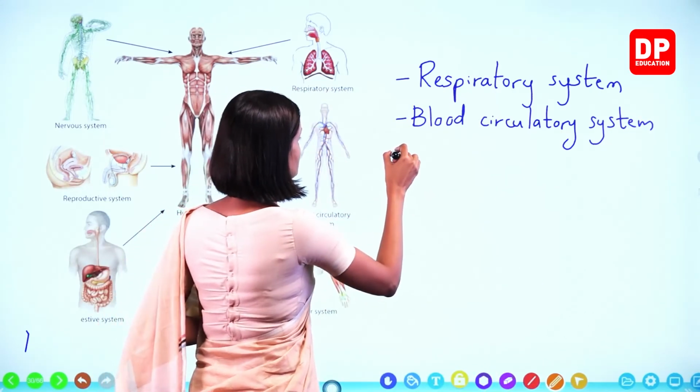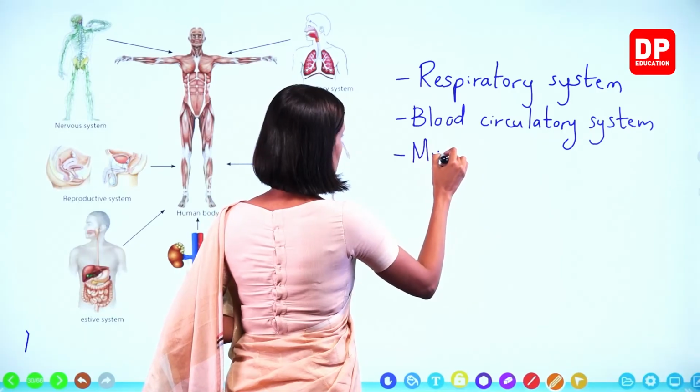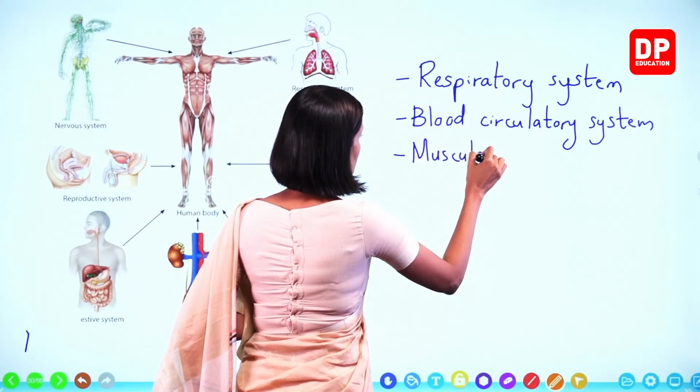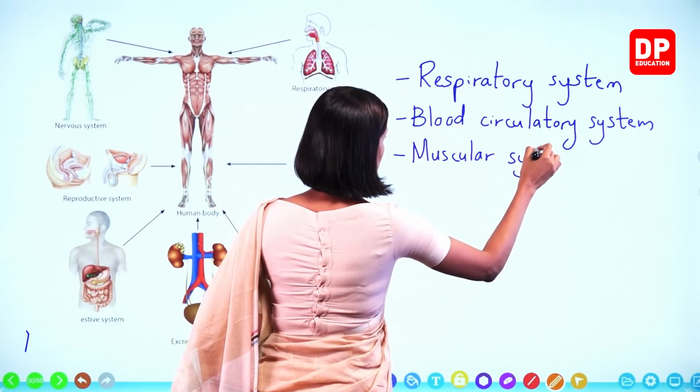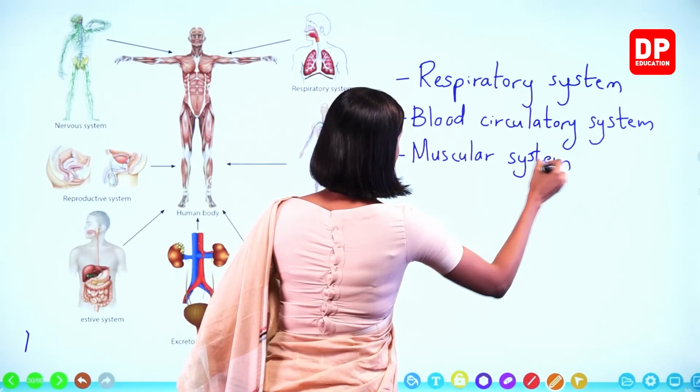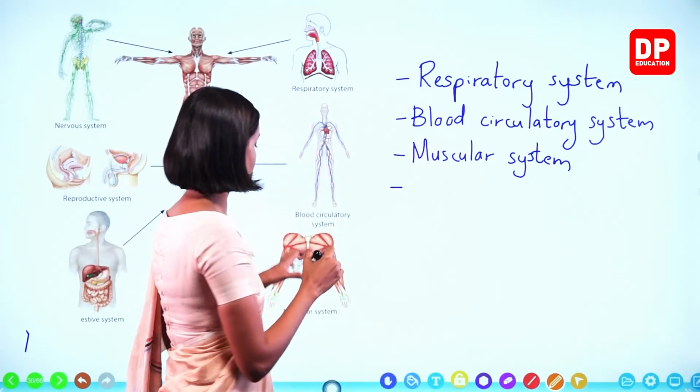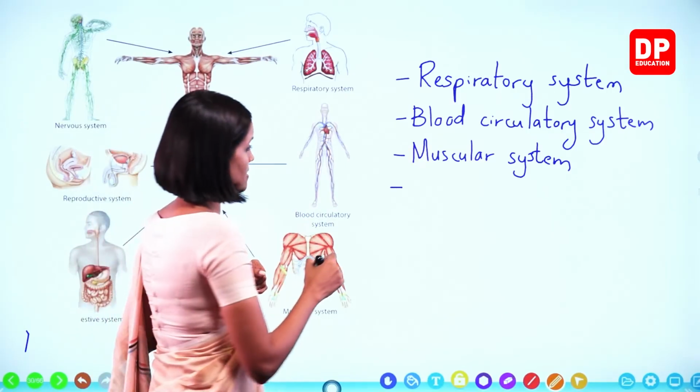Here, muscular system. We can write skeletal system as well, as the muscles are attached to the skeleton.